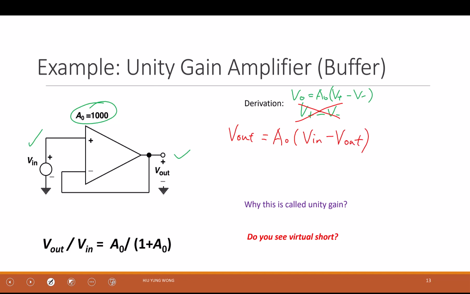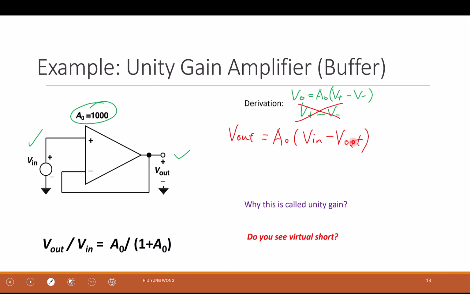Then we check, in this equation, do I have more unknowns? No, because V out and V in we want to keep, and A0 is given. So the rest are just math. That's how you solve the equation. Think about what you need to put in and then get rid of the variable. The rest are just math.